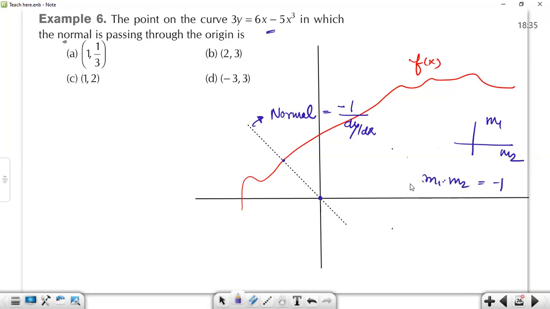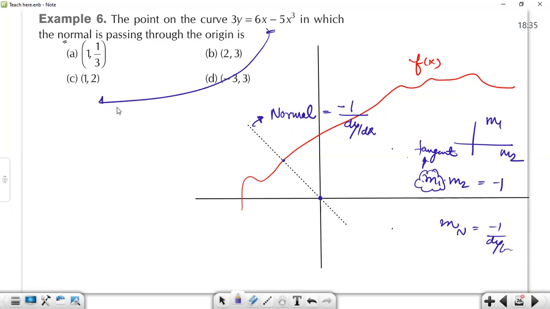We know tangent and normal are perpendicular, so the slope of normal would be -1 by dy by dx. Is this clear to you, how the slope of normal is coming out like this?